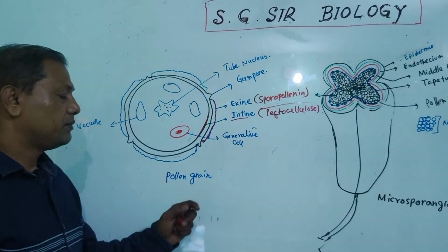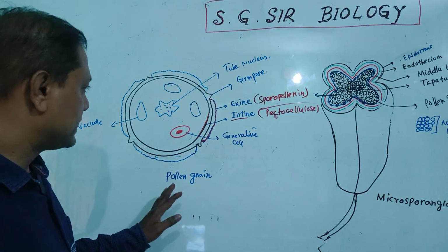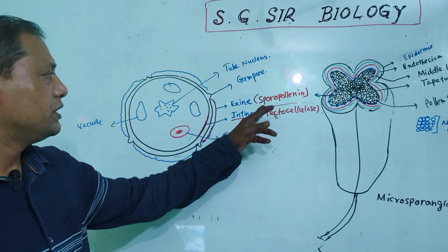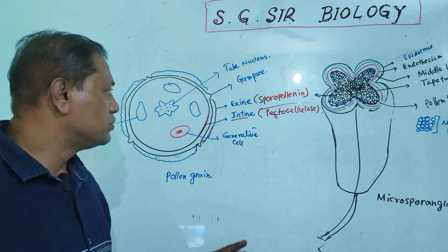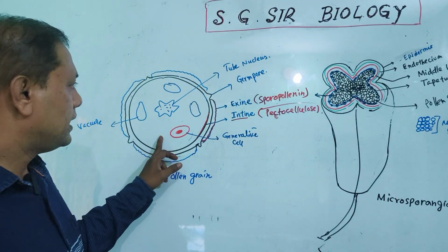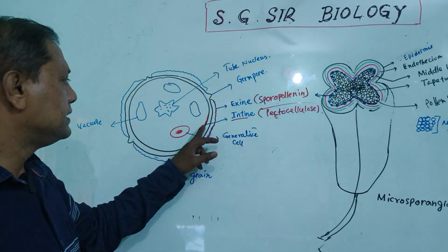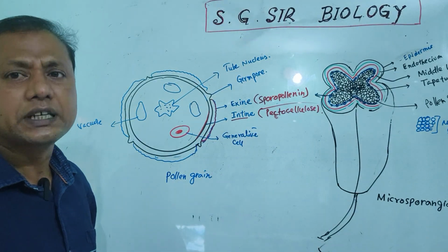First of all, what you need to understand about the layers of the pollen grain. The first layer is called exine, the outer layer, which is made up of sporopollenin. It is the hardest substance ever found, the hardest biological substance I am talking about. The inside layer is called intine, which is made up of pectocellulose, cellulose and pectin.